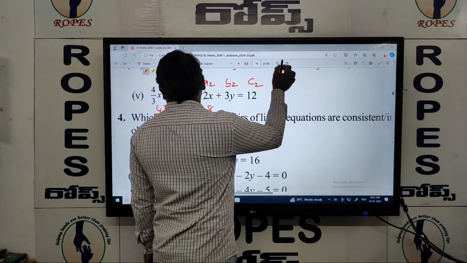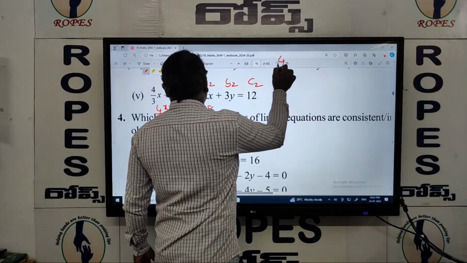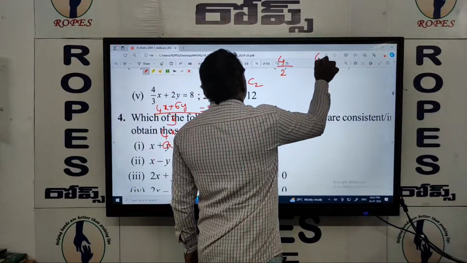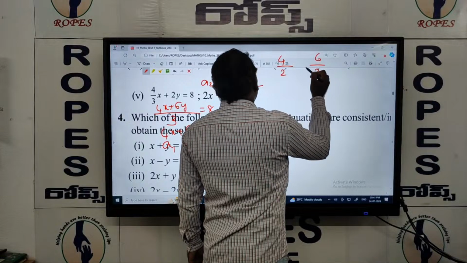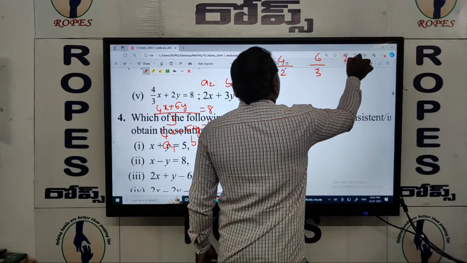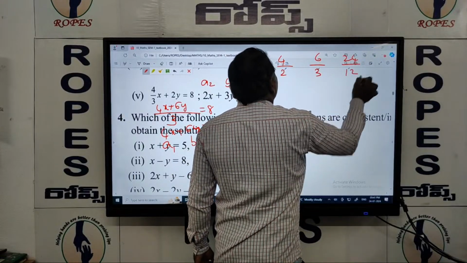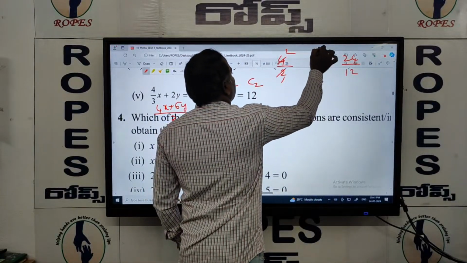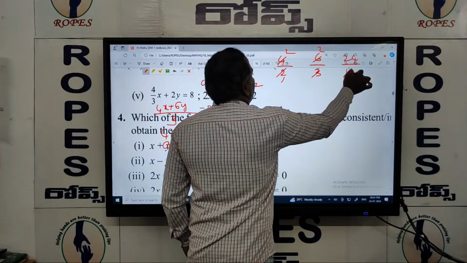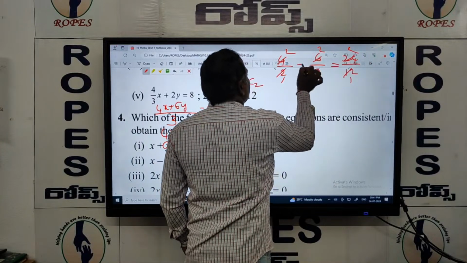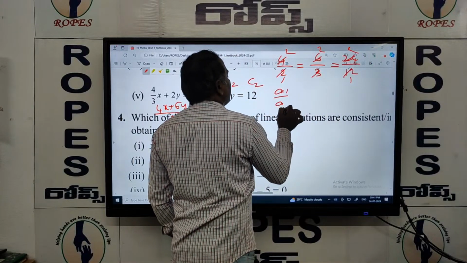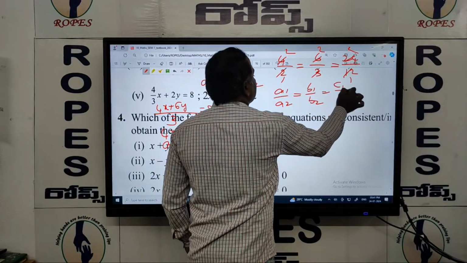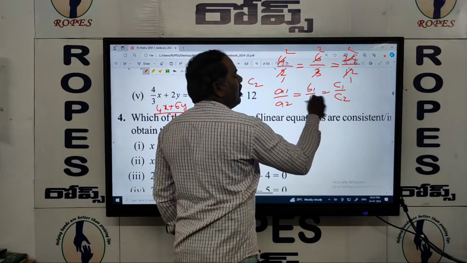A1 by A2 means 4 by 2, B1 by B2 means 6 by 3 and C1 by C2 means 24 by 12. So observe this, 2 ones are 2, 2 twos are 4, 3 ones are 3, 3 twos are 6, 12 ones are 12, 12 twos are 24. So all are equal. Then A1 by A2 is equal to B1 by B2 is equal to C1 by C2. Here also we are getting all equal.